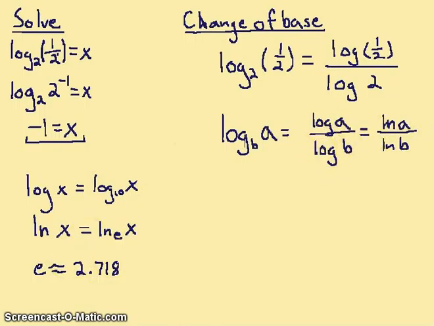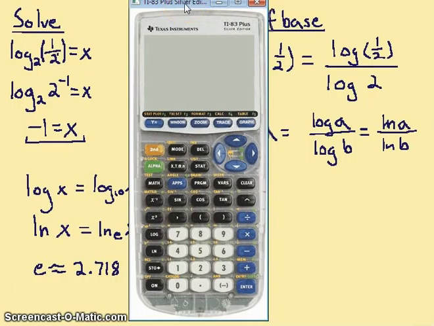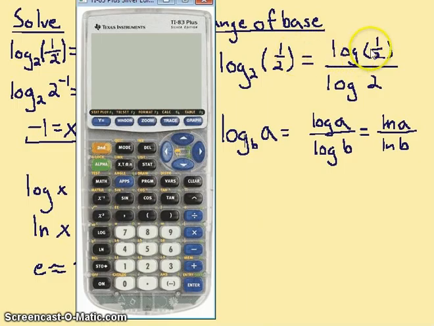So let's go and take a look at a calculator and see what that looks like. So if I go ahead and put this in, log base 2 of 1/2. If I wanted that, I put in log 1/2 over log 2. The log button is just right here by the 7. So we'll go ahead and put in the log of 1/2, and then divided by the log of 2.